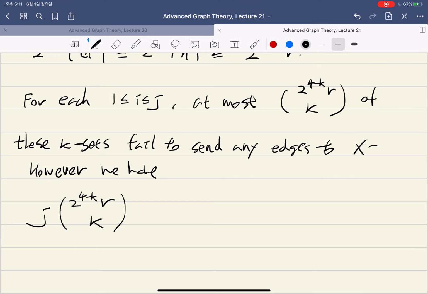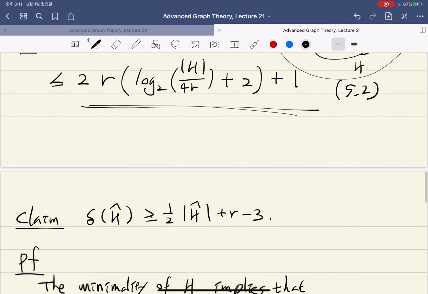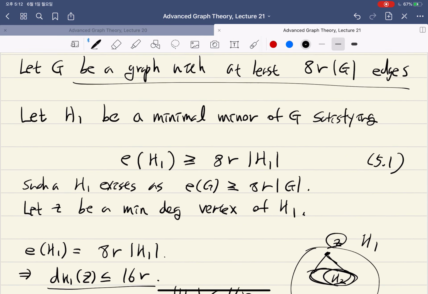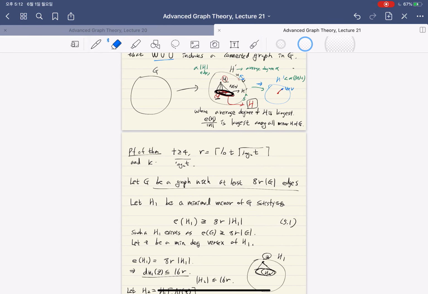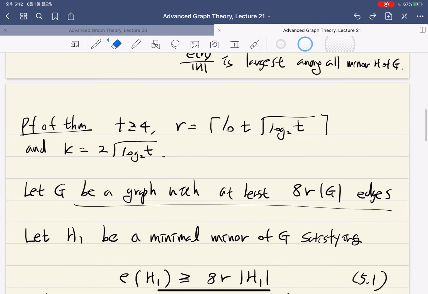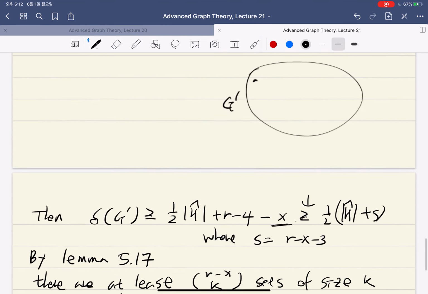Give me a moment. The constant is not too important, but maybe we have to change this too, 4 to 10.